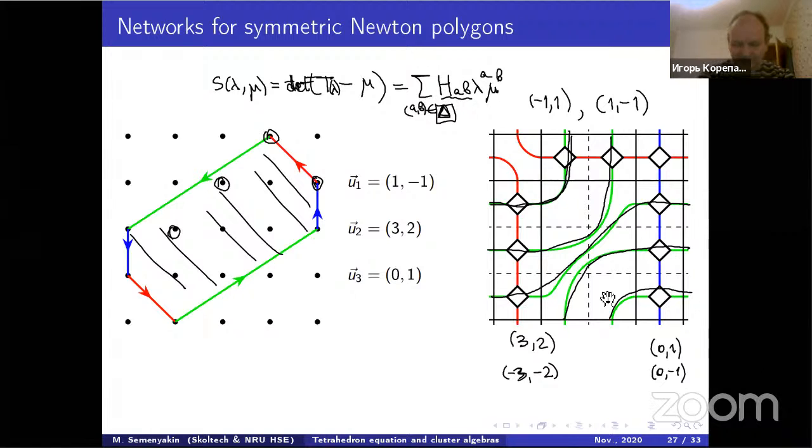Okay, but the second question is, you have written here those beautiful networks, and they remind me of the dimer model. You see the dimer model in my own work, but I could not understand on the fly. Can your networks be somehow represented in terms of the dimer model or not? Yeah, you're completely right.